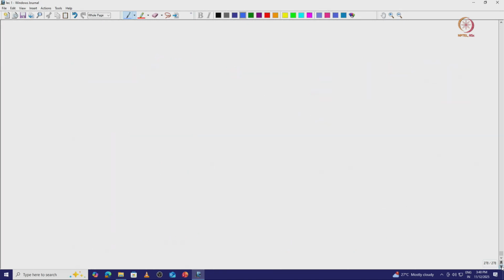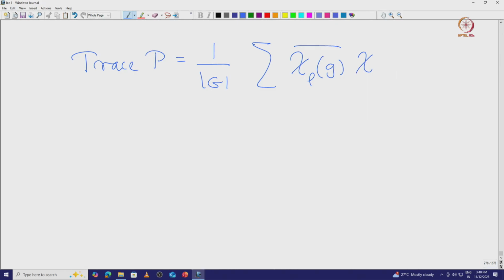Now using this, you can see that the trace of P is exactly 1 divided by the cardinality of G times the summation over G in the group of chi rho of G bar times chi phi of G. Here we assume that rho is indeed unitary. That is something we can assume because up to equivalence we can always choose unitary operators.